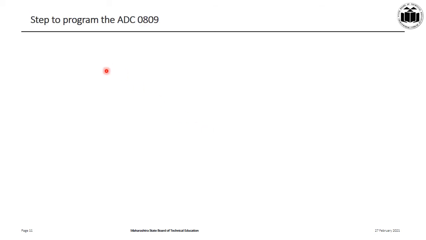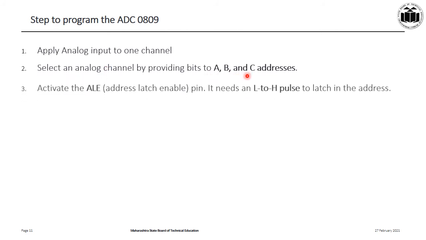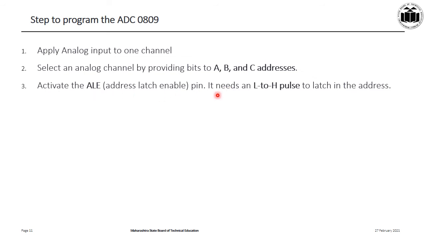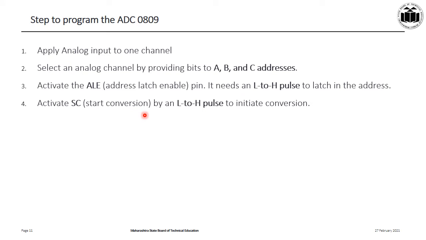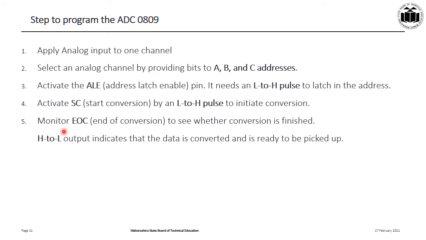Let us see the steps to program ADC. First, apply analog input to one of the channels. Then select the channel using ABC. Activate ALE by using low to high pulse. Activate start of conversion by using low to high pulse. And monitor the conversion by monitoring EOC.